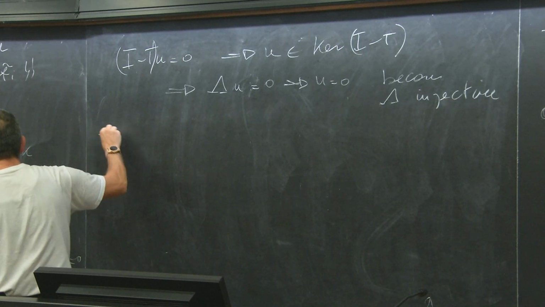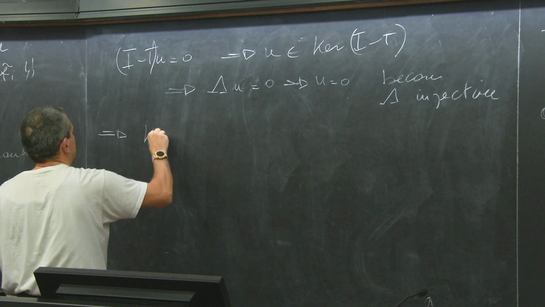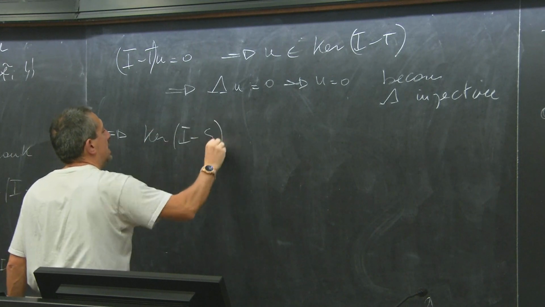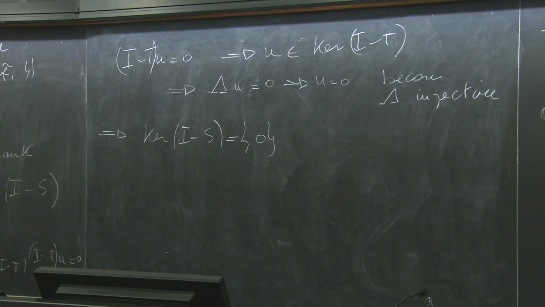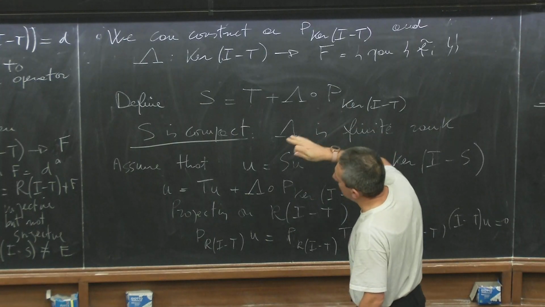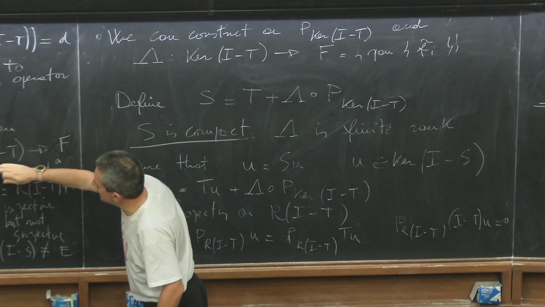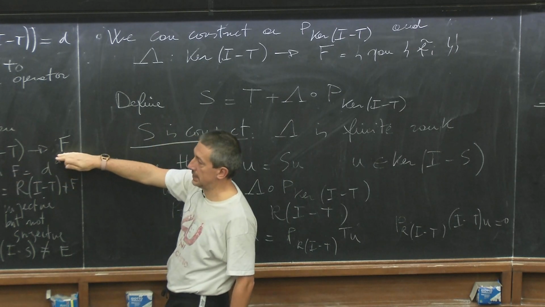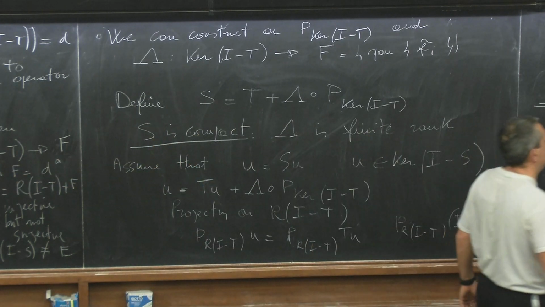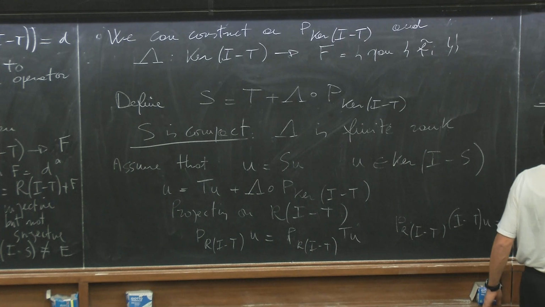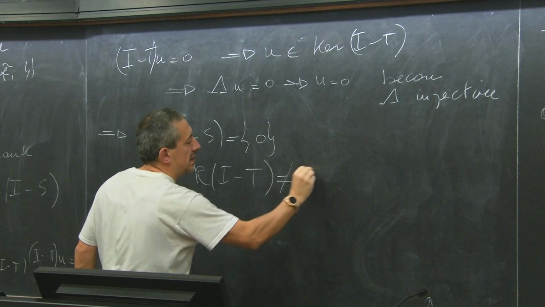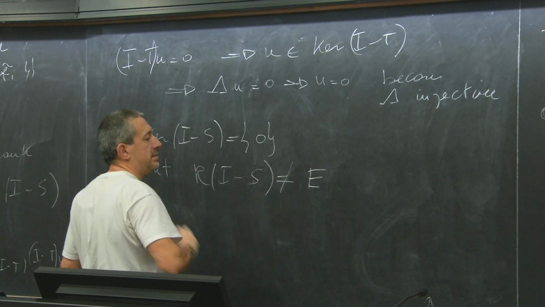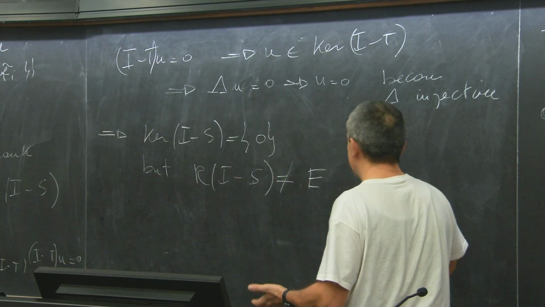So we discover that the kernel of identity minus S is 0, but by construction, lambda cannot be surjective because this has dimension D and this has dimension D star. And then this is a contradiction.